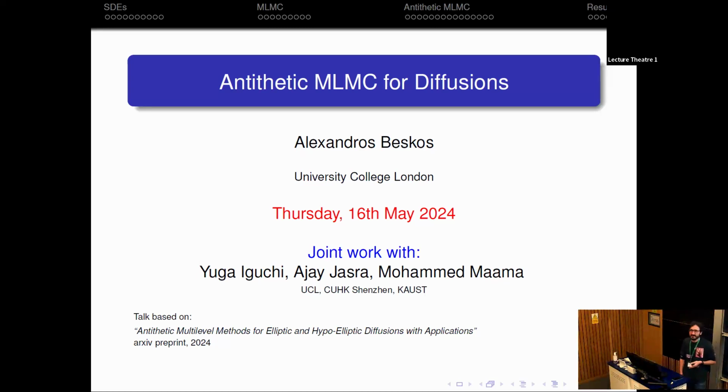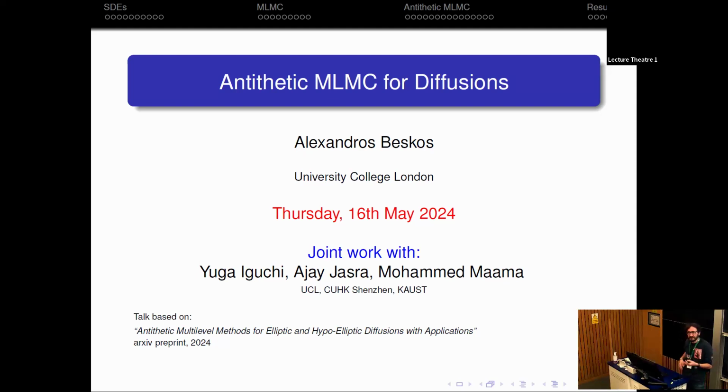Something that is important in order to apply multilevel Monte Carlo for stochastic differential equations is the strong error of approximate schemes for the true solution of the SDE. If you come up with advanced schemes that approximate the SDE, there are some terms that are not easy to sample from, so you lose the extra strong error.